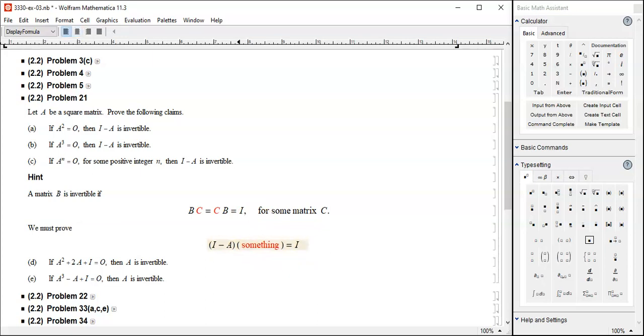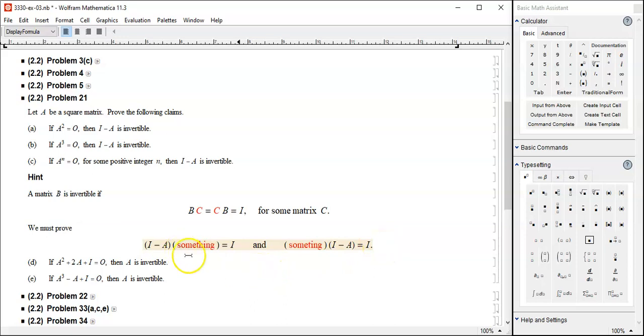Excuse me. That something times I minus A is equal to I. Oops, wrong key. But if you do one, the other is going to be easy, as a matter of fact.